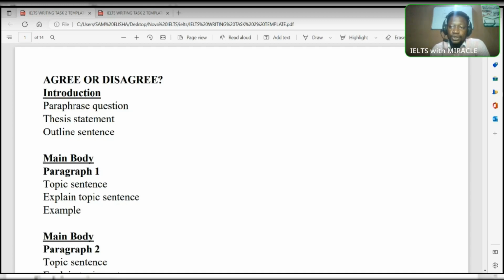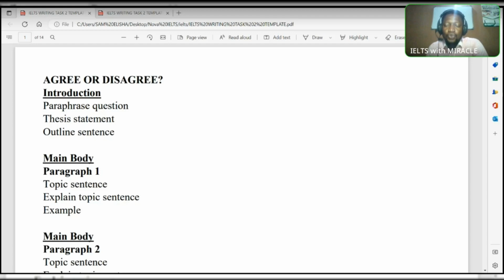Okay, so in the IELTS writing test, you have 2 tasks. Whether you are taking academic or general, there are 2 tasks. So you have task 1 and task 2.